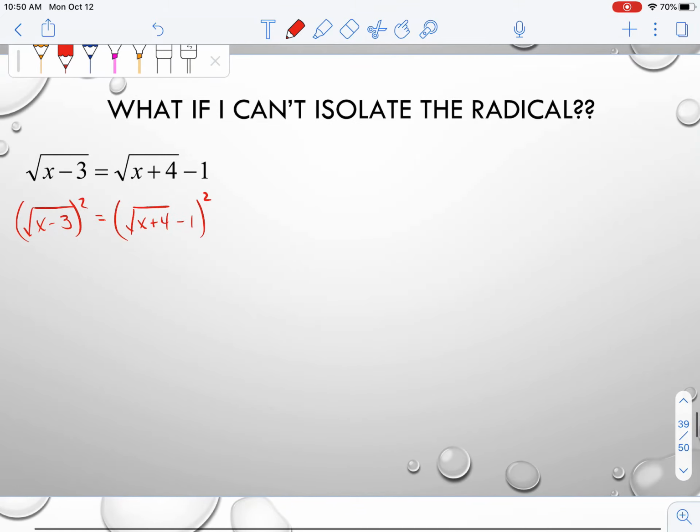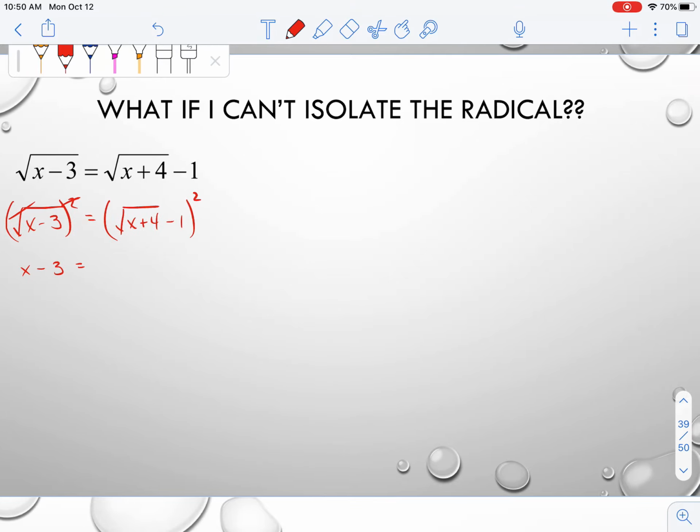If I square both sides, on the left it's simply going to cancel, and I have x minus 3. But on the right here, this is going to be square root of x plus 4 minus 1 times square root of x plus 4 minus 1. And again, I need to FOIL for this equation.